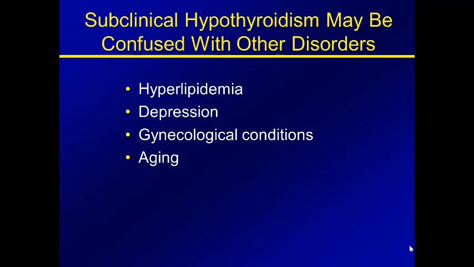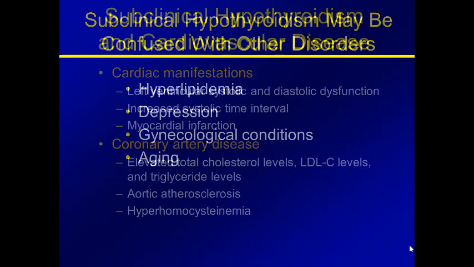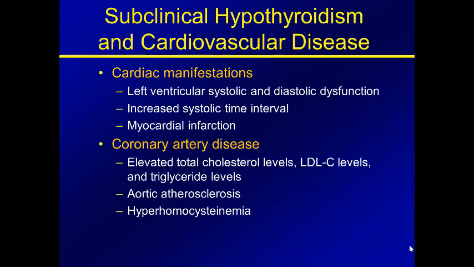Subclinical hypothyroidism may be confused with other disorders. Sometimes patients with subclinical disorders have hyperlipidemia, depression, and some gynecological conditions like abnormal heavy menstruation, and aging. What is the relation between subclinical hypothyroidism and cardiovascular disease? Cardiac manifestations include left ventricular systolic dysfunction and diastolic dysfunction, increased systolic time interval, and myocardial infarction.